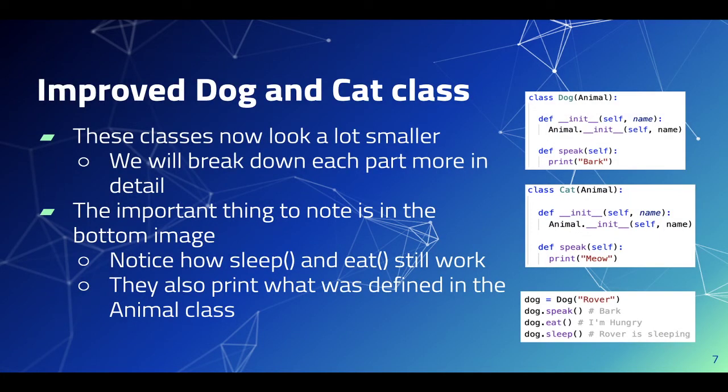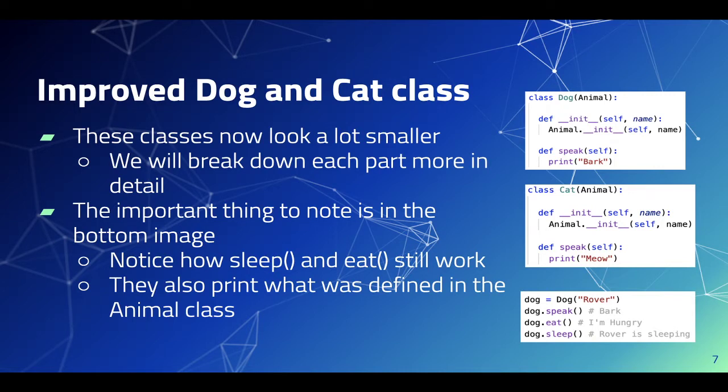So let's talk about the improved dog and cat classes now. These classes now look a lot smaller, right? We're not repeating a lot of stuff. In our class dog, we'll notice how in the parentheses after the class name, we specify our animal class. Remember the class animal? And this is the actual syntax of inheritance.